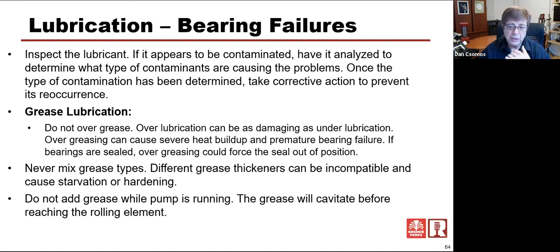This would be really useful in an area where there is virtually no maintenance on these pumps at all. Depending on what plant you're talking about, if they have virtually no maintenance, you'd be better off with a grease for life bearing. It's going to be the shortest life bearing, but it's going to be the longest life if you have really bad maintenance. The next option up from that would be a re-greasable bearing.